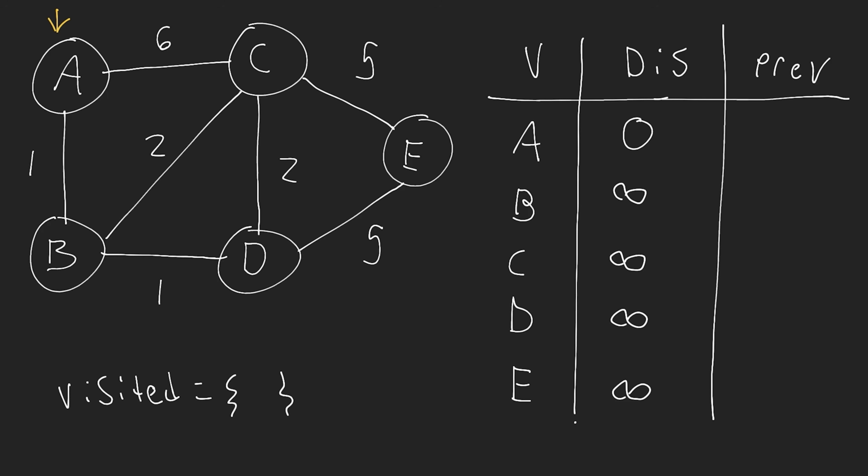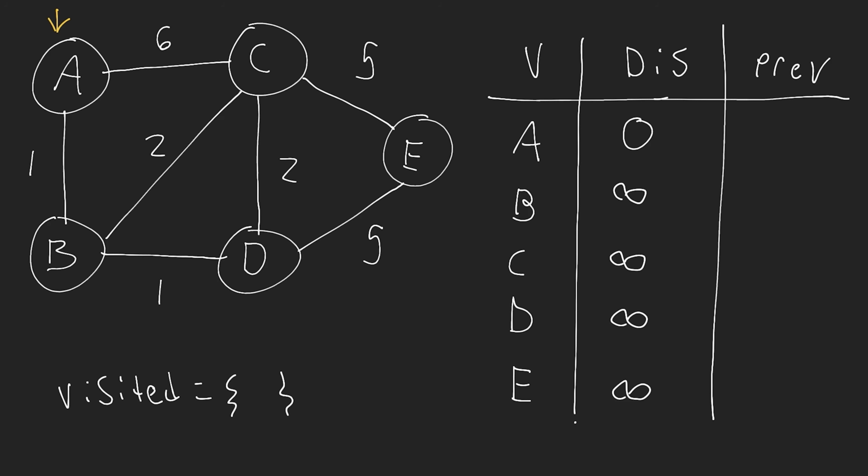So for our algorithm, we begin at the start vertex. From the start vertex, we visit, or at least look at, all of the adjacent or neighboring nodes, ones that are connected to this node with an edge. So we see that we have B and we have C. So we'll go in some order. We can go to B first. And we see that we have an edge to B that has a weight of 1. That means from A, we can reach node B, and that costs us a distance of 1, or a weight of 1.